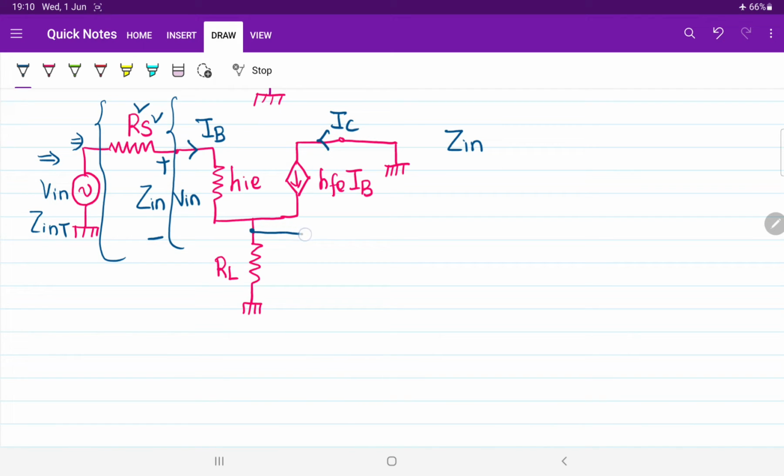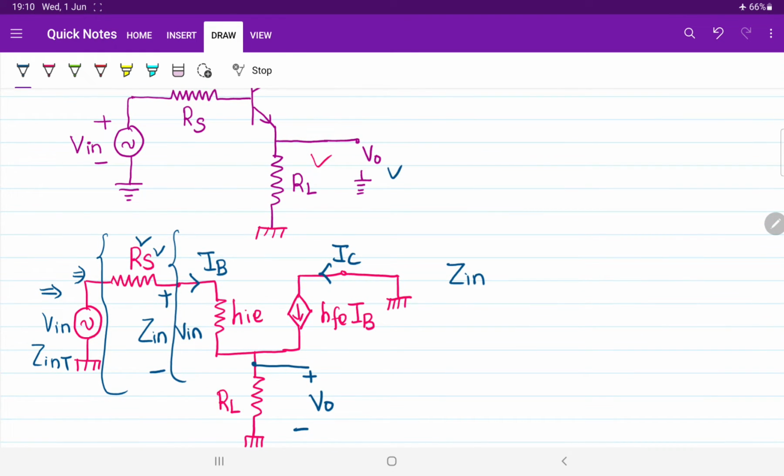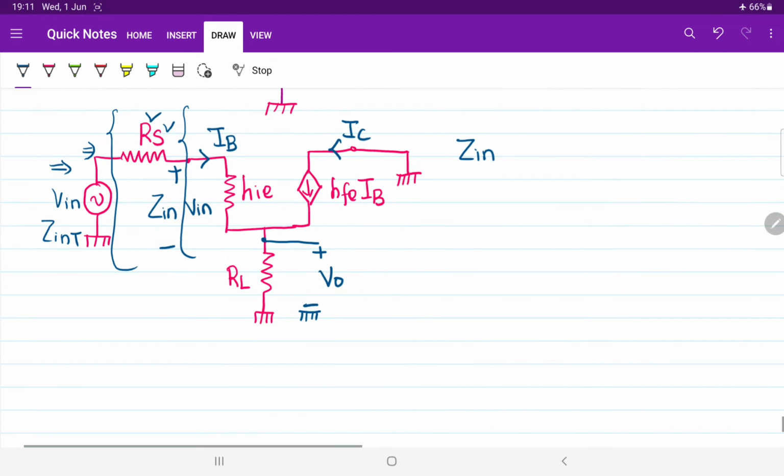Of course, from this terminal only we are going to measure the value of output voltage V0. It was clearly given in the question, you can observe it. So I hope you all understood what I am trying to conclude here. That's all. Now in our question, we are requested to calculate the input impedance. So let us see what we are going to do here.